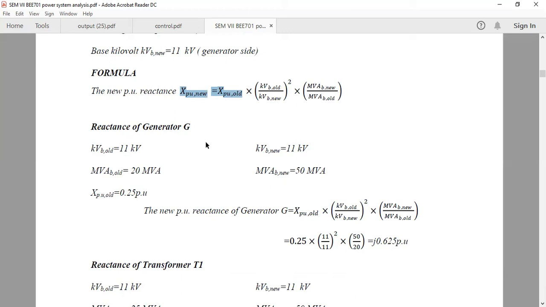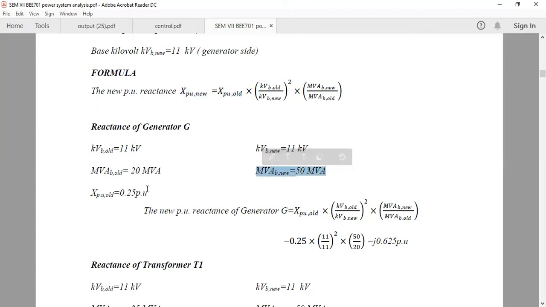The reactance of the generator G1: kV base old is 11 kV. Then kV base new, which we have already selected, is 11 kV on the generator side. MVA old is equal to 20 MVA, MVA new is equal to 50 MVA, which is given in the problem statement itself.